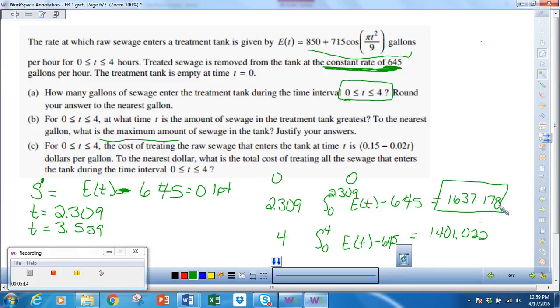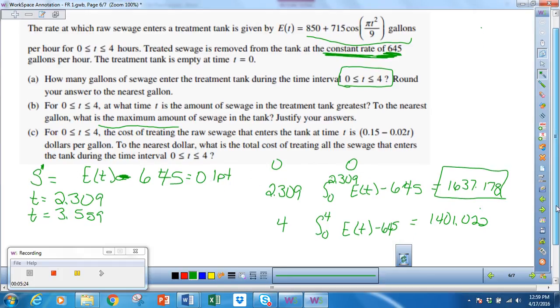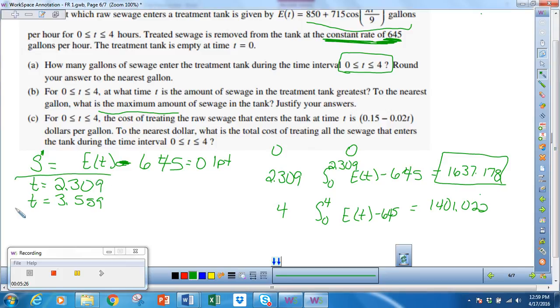So where did our points come from? You got 1 point for setting E of t minus 645 equals 0. You got 1 point for identifying your zeros. You got 1 point for finding 1637.